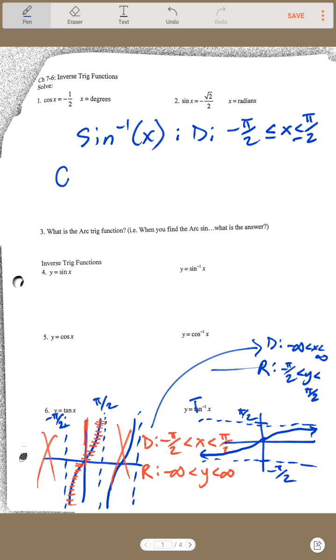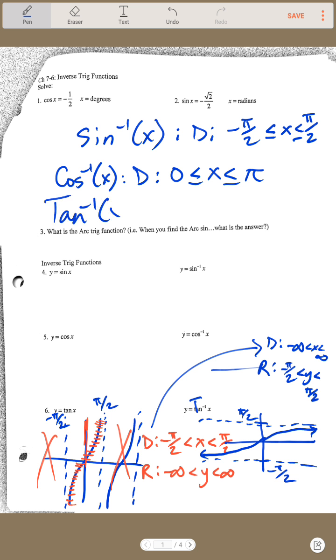What's important about inverse cosine is that when we looked at the graph, the domain got restricted from 0 to pi. And our last trig function, the inverse tangent, the domain was restricted to negative pi over 2 to pi over 2 non-inclusive, as opposed to sine where it was inclusive.